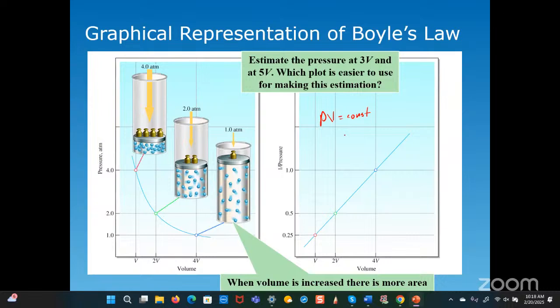So if we do V is equal to 1/P times a constant, another way of stating it is 1/P is equal to a constant times V. So you should be familiar from your math courses that if this is Y and this is X, which is what we have plotted here, then you're going to end up with a straight line where the slope would be equal to the constant, all right? But that's basically how that works.